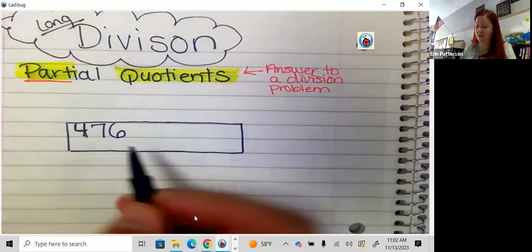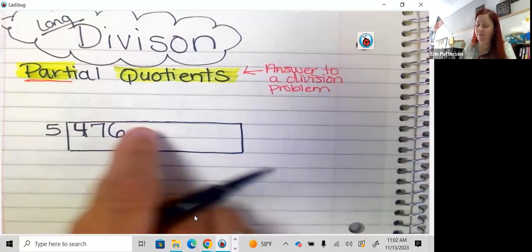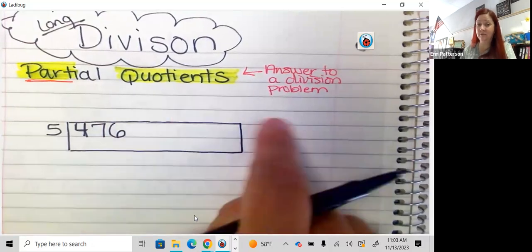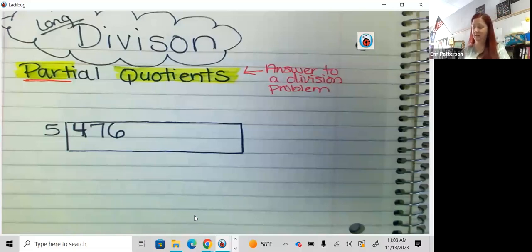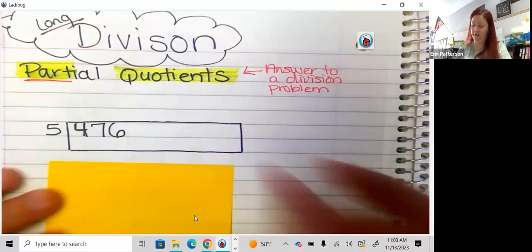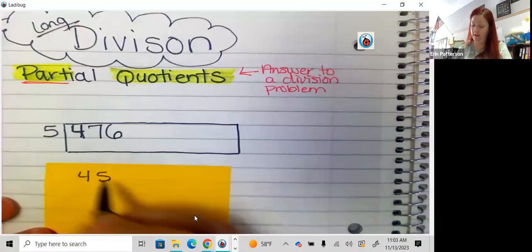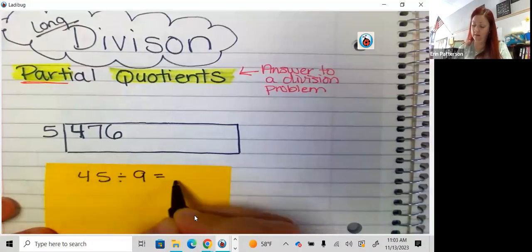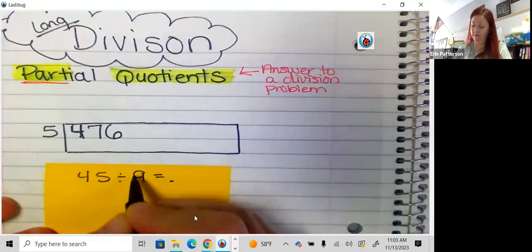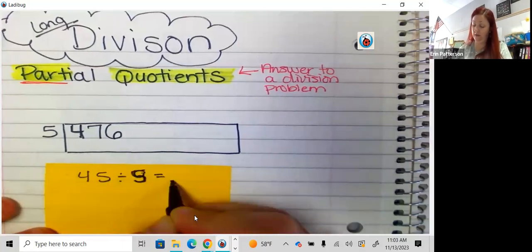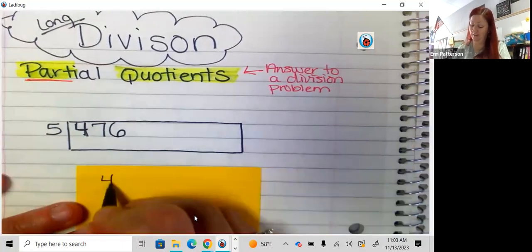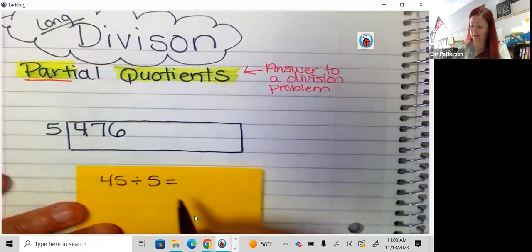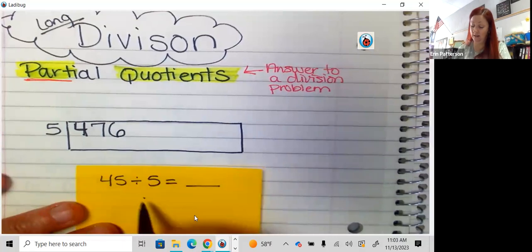When we divide into an area model, we're looking for the missing factor. If we did 45 divided by 5, what we're looking at is something times 5 equals 45.